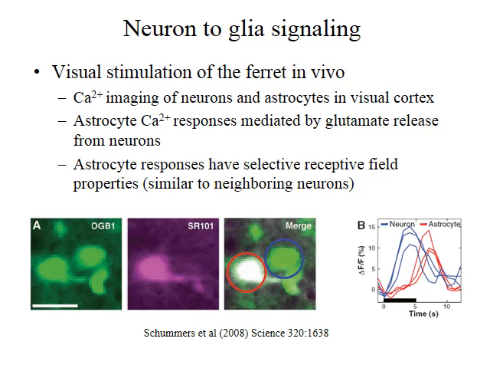A second example of signaling from neurons to astrocytes is shown in this figure here. These are recordings from the visual cortex of the ferret in vivo. The same type of technique was used, where glial cells were filled with a calcium indicator dye.